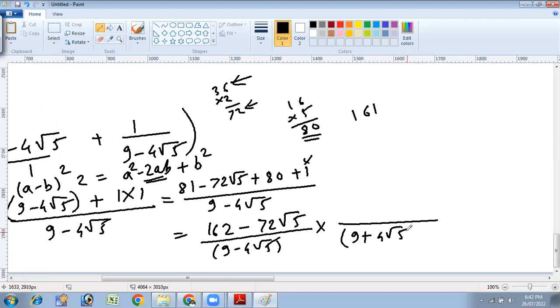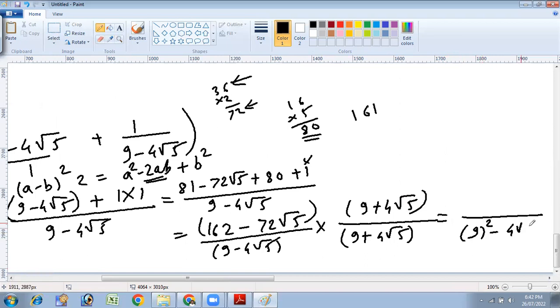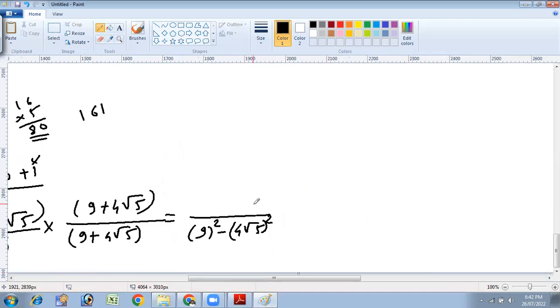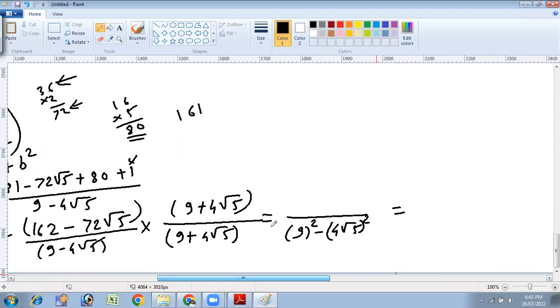You have to multiply both sides. Here also you have to multiply 9 plus 4 root 5. Understand? So downside, what will you get? You will get 9 square minus (4 root 5) whole square. Upside it will be 162 minus 72 root 5, and the second bracket 9 plus 4 root 5.